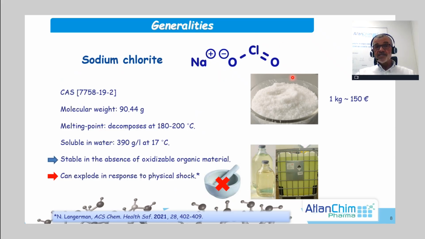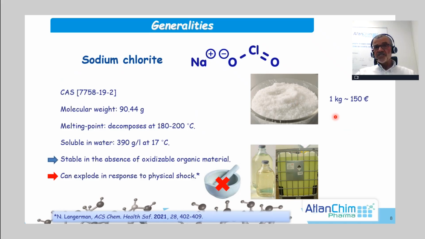Sodium chlorite is a stable solid in the absence of oxidizable organic material. However, sodium chlorite can explode on impact, and mixtures with organic materials can be highly sensitive to heat, impact, or friction. So on the large scale, an 80% aqueous solution of sodium chlorite is used instead of the solid form.